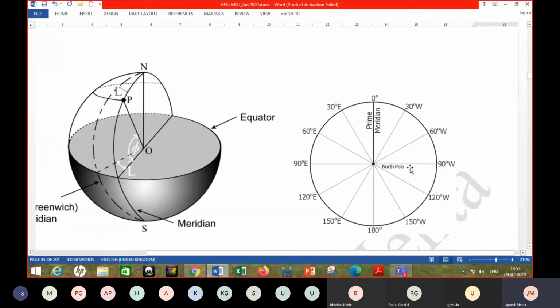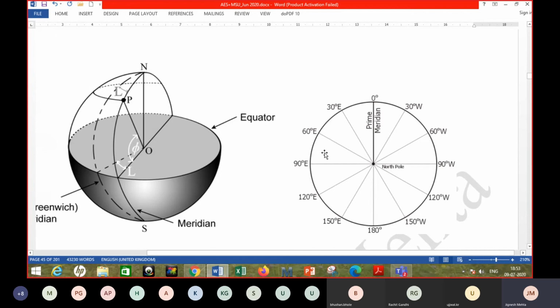If you see the top view of the Earth, this is showing the North Pole, and when you show 0 prime meridian, arbitrarily the place Greenwich near London, a suburb of London, is assigned 0 value, and the angle made with that is measured. If you go exactly opposite, it is 180 degrees east or 180 degrees west, it is one and the same point or line.